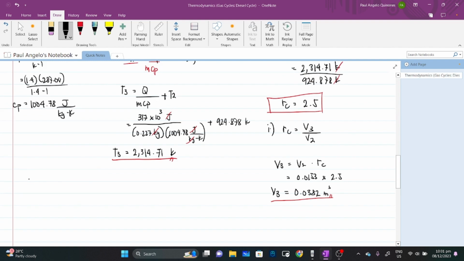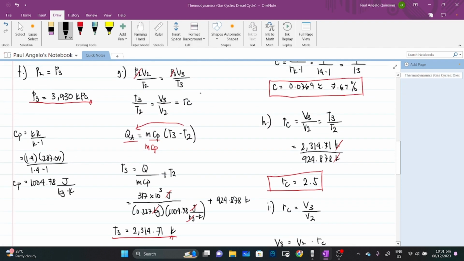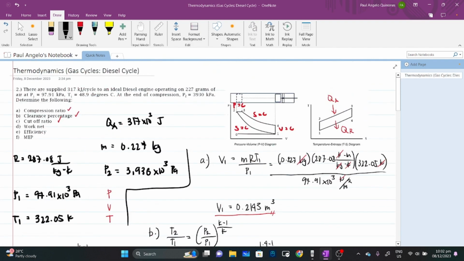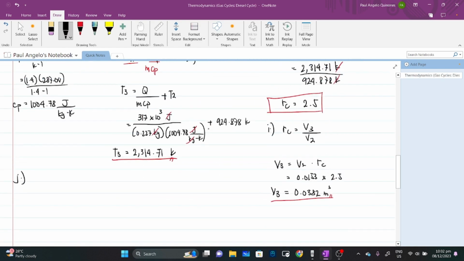So let's proceed to point number 4. From 3 to 4, the fluid needs to undergo an isentropic process, so we can relate each other.